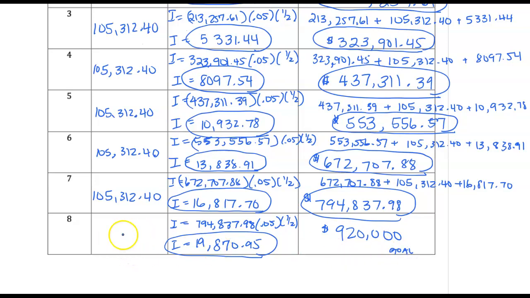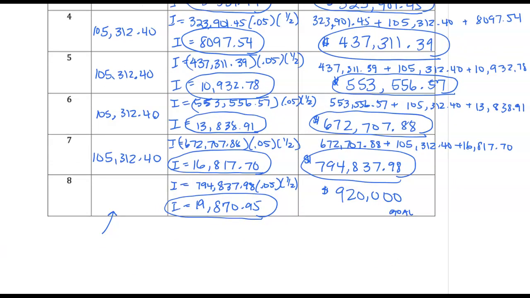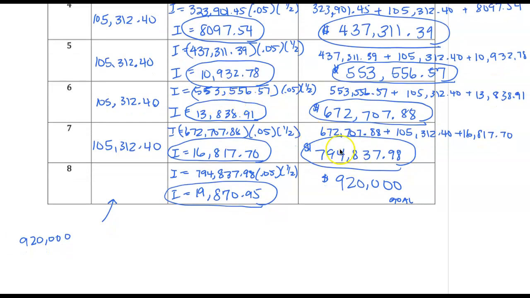To find this payment right here, we're going to take that $920,000, that's our goal, and subtract away the previous balance that's already in the account, $794,837.98.